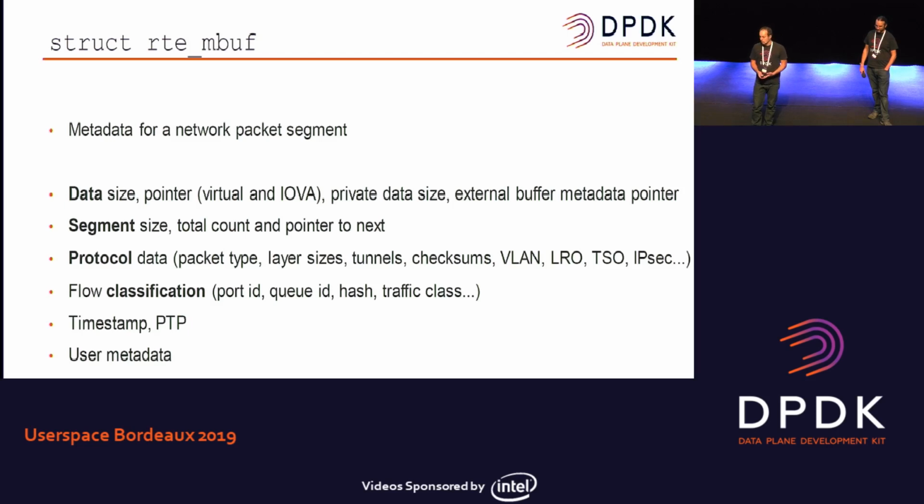And then come the protocol metadata. Protocols can be, for instance, VLAN or IPsec. It is able to manage things for tunnels, for your checksums, describing which type of packet it is, how the different layers are organized, L2, L3, even L4.